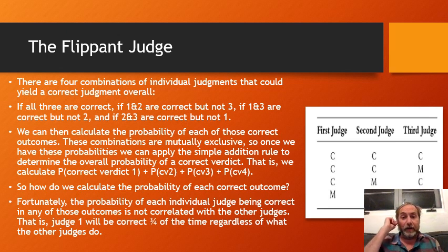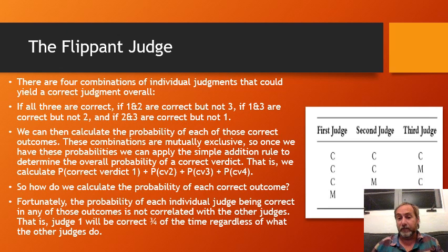Now we can calculate the probability of each of those outcomes. The combinations are mutually exclusive, so once we have the probability of each of those 4, we can apply the simple addition rule to determine the overall probability. In other words, the probability of a correct verdict is the probability of all three correct, plus the probability of the first two correct with the third one wrong, and so on down this chart.